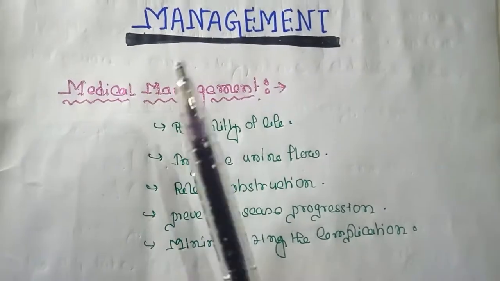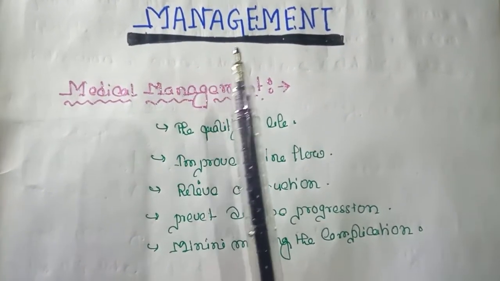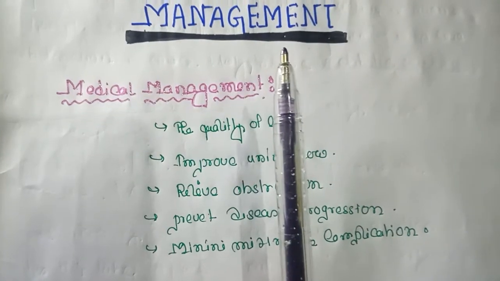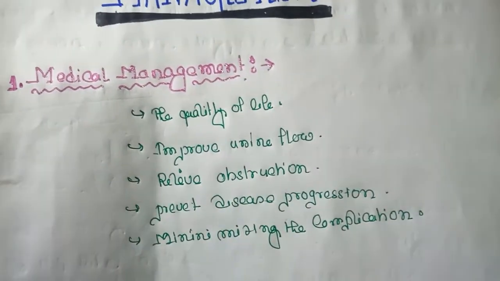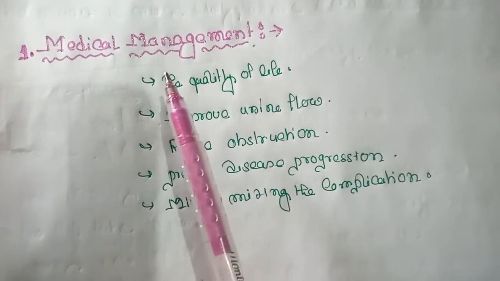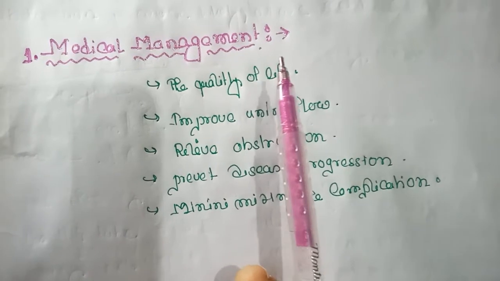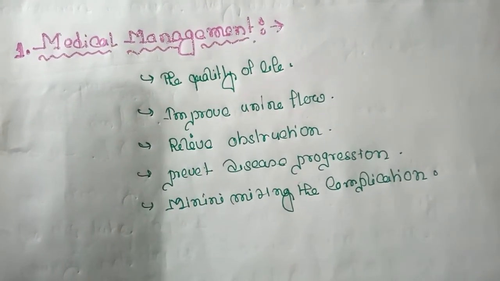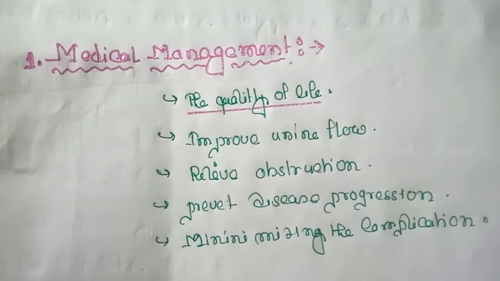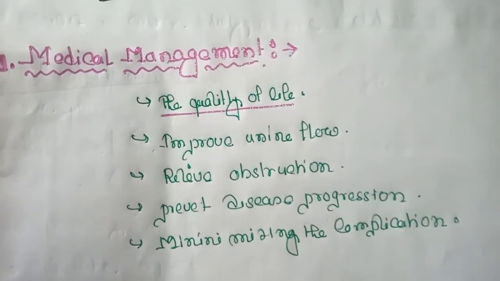Now let's start the discussion about management of benign prostatic hyperplasia. At first we discuss the medical management. The goals of medical management of benign prostatic hyperplasia are to improve the quality of life, which means walking, eating and sleeping are done on time.